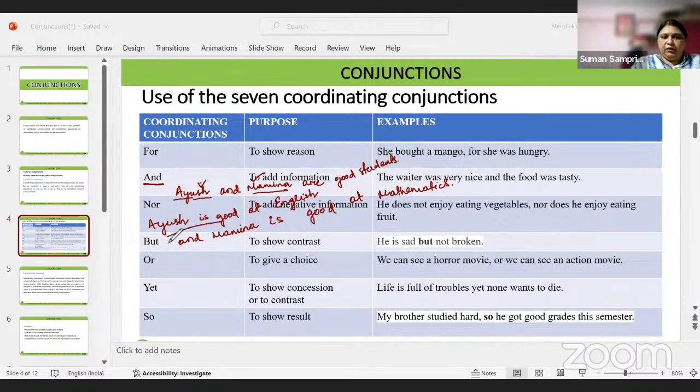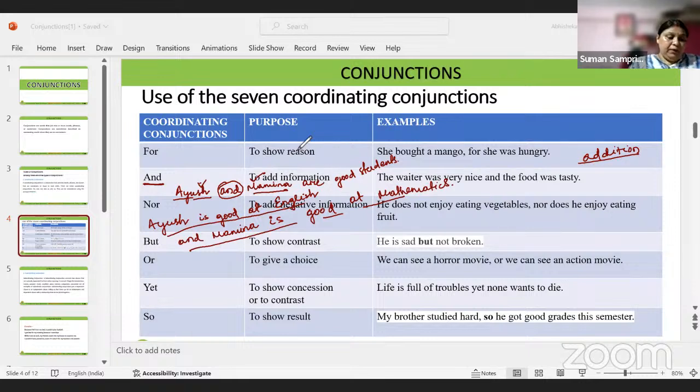Here I have joined two clauses. Right. So, what does "and" do? It is doing addition, adding information. Suppose some people know Ayush is a good student, but some people also know Momina is a good student.